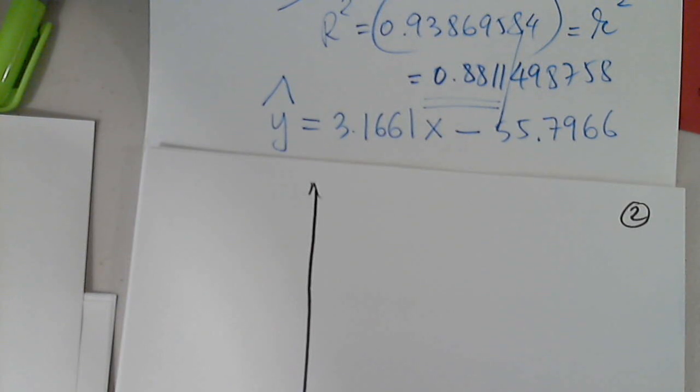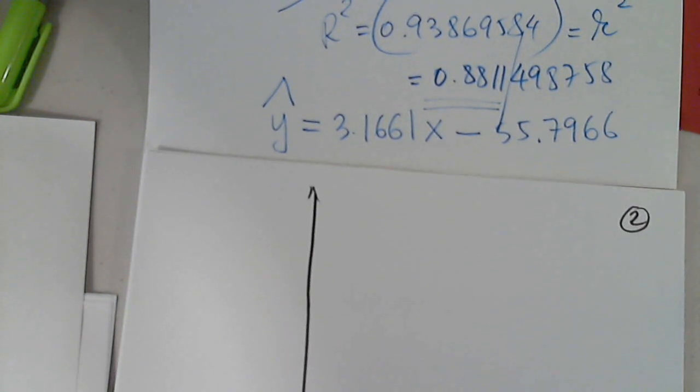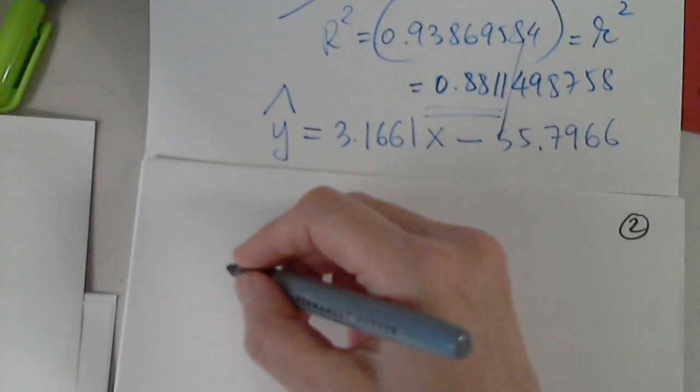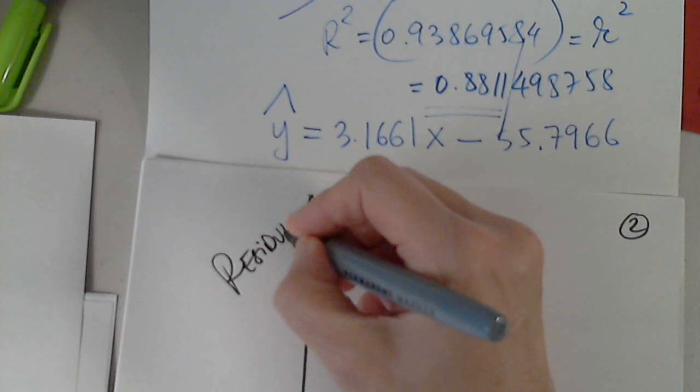I put it 0, but it's a break in the graph. I'm going to write 99, 100, 101, 102, 103, 104, and 105. This is still the x variable, the explanatory variable, but here I have residuals.